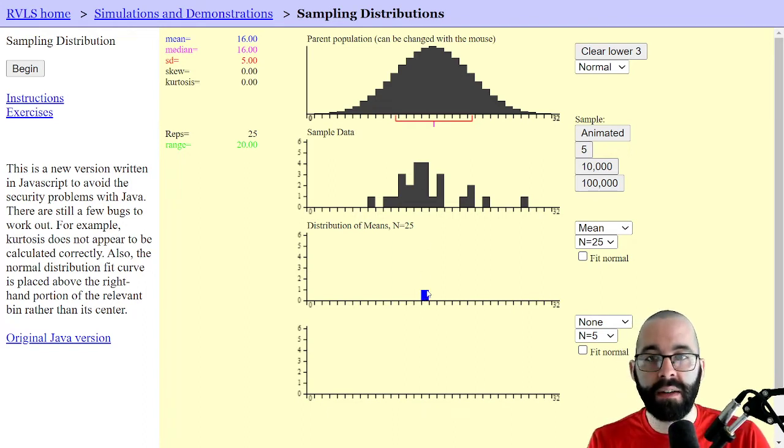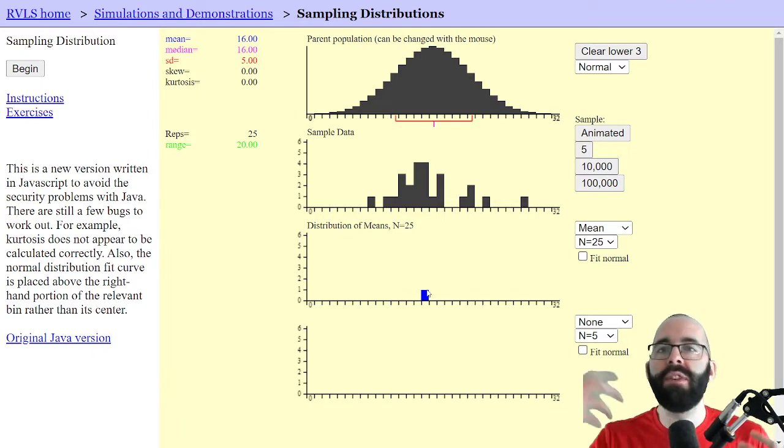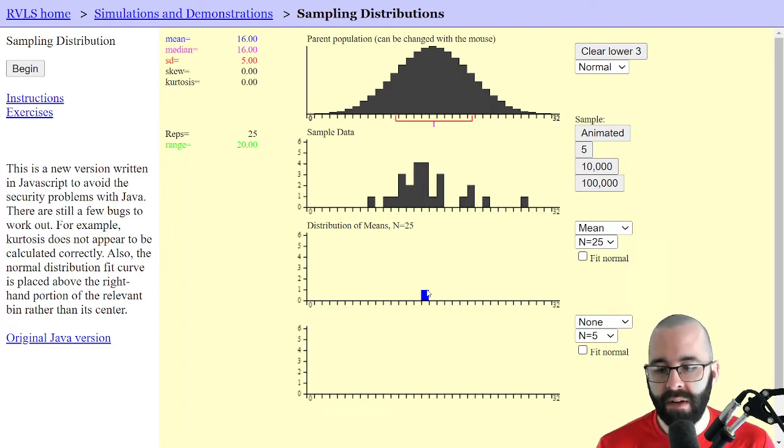Every time I take a simple random sample, I'm going to get different answers. It's random, so every time I get a different average favorite number. Hopefully this average of my sample, visualized by this blue thing, is similar to the average of my population.